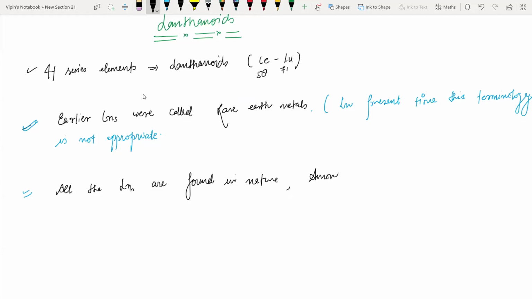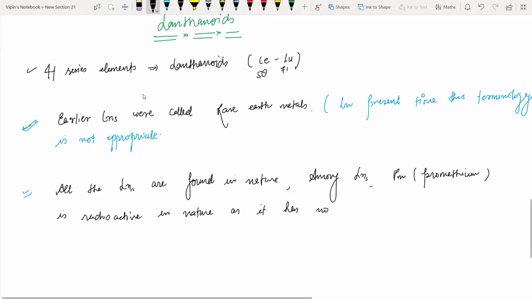Among lanthanides, promethium, Pm, is radioactive in nature, as it has no stable isotope. So what we have to remember is that among lanthanides, promethium is radioactive and has no stable isotopes.